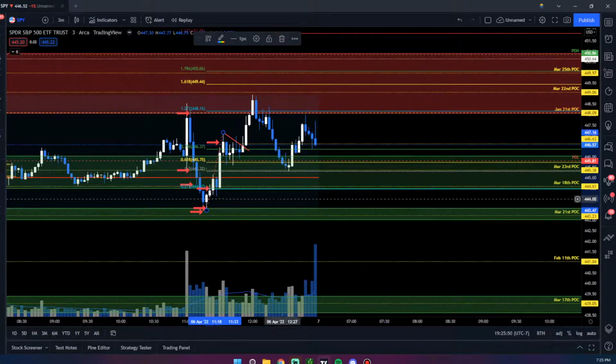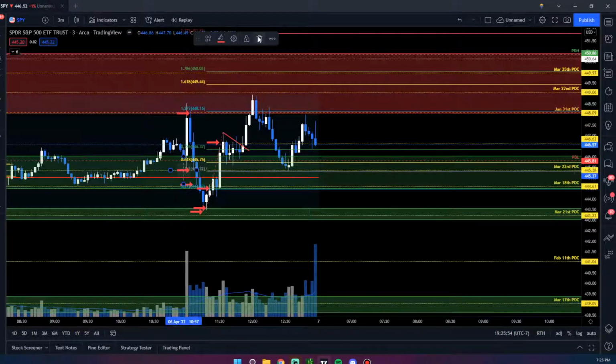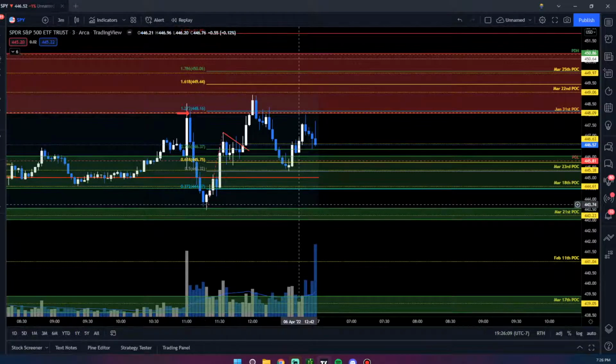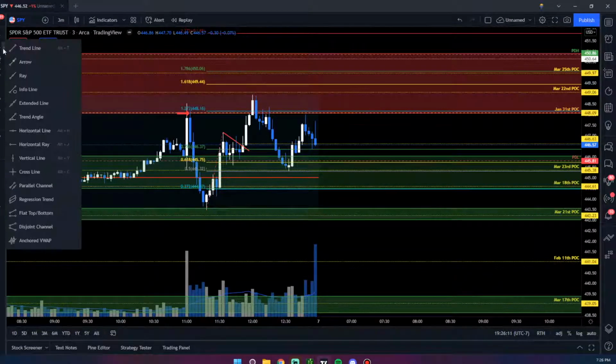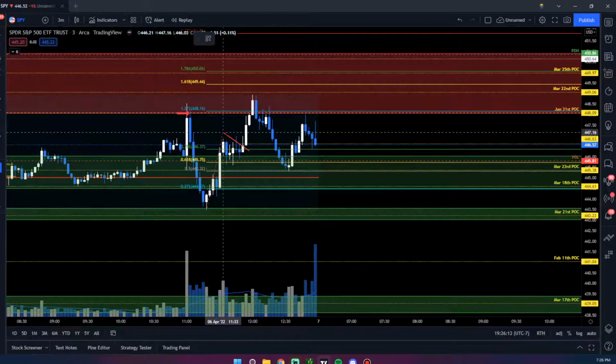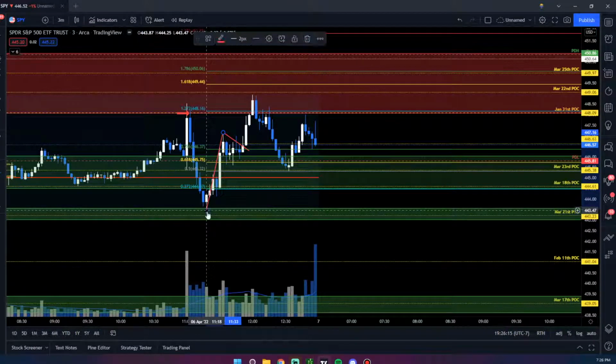So I know this is getting kind of cluttered, but let's try to move a few things to make this clearer. For me, bull flags and bear flags are one of the easiest trades you can take, especially if you draw your fibs. And right now people might be wondering, that's not a bull flag because it only has one line.